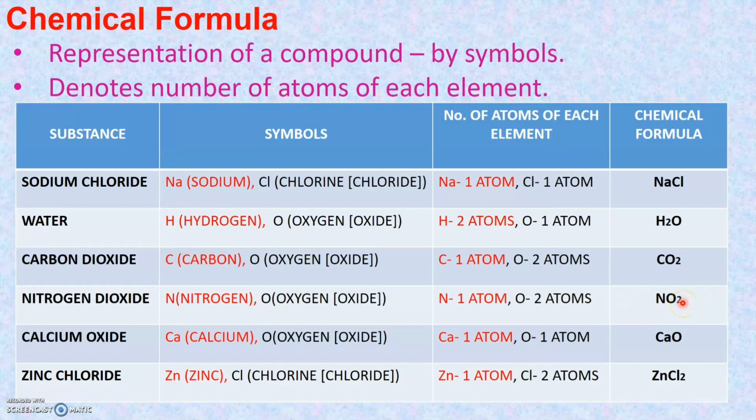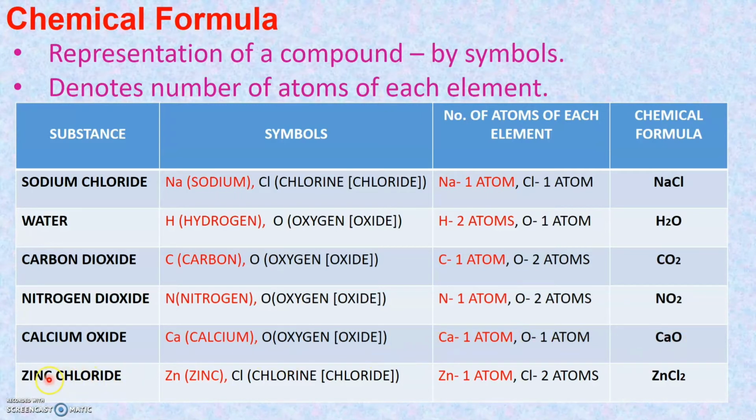Likewise is the case of calcium oxide, where two different elements, that is calcium and oxygen, combine together in order to form the compound calcium oxide with the chemical formula CaO. One atom of calcium combines with one atom of oxygen in order to form the chemical compound calcium oxide.